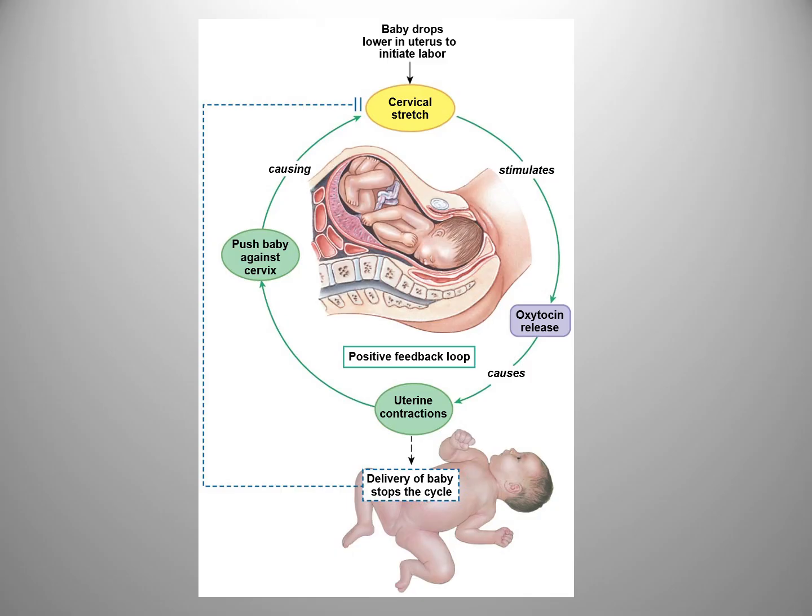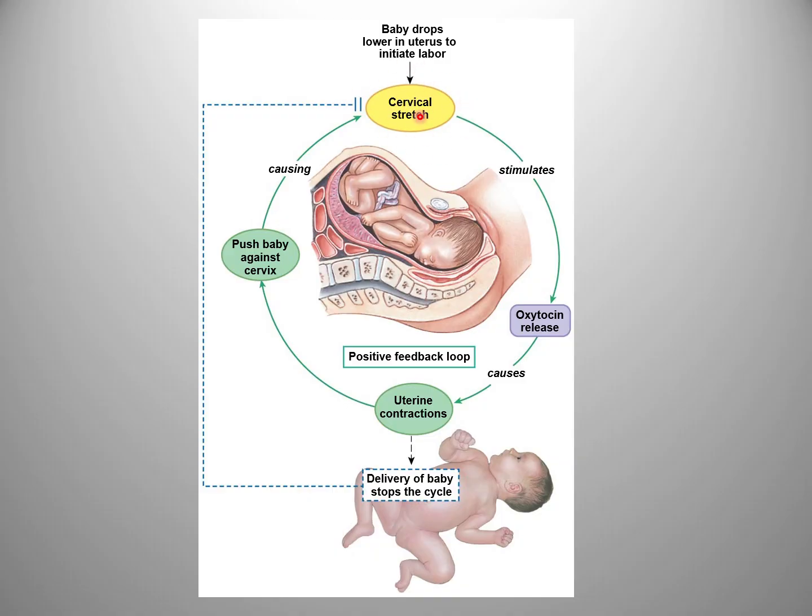The canonical example, the most common one that you see given for positive feedback, is the cervical stretch mechanism. That is, as the baby gets larger and larger, and especially when it rotates in what's called effacement, that is, effacing the cervix, you begin to get a profound level of cervical stretch.